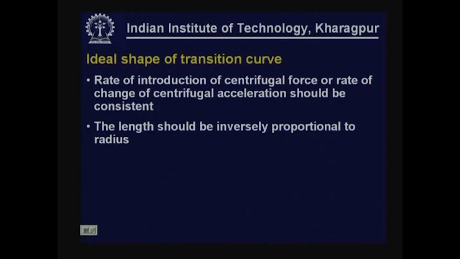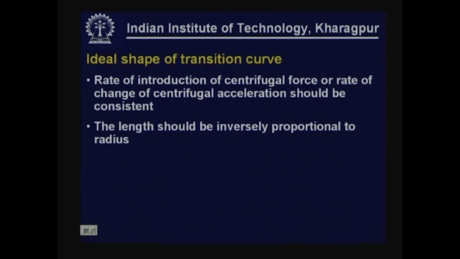That is the requirement, which indirectly means that the length should be inversely proportional to radius, because if the length is inversely proportional to radius, then the rate of introduction of centrifugal force or rate of change of centrifugal acceleration will be consistent.